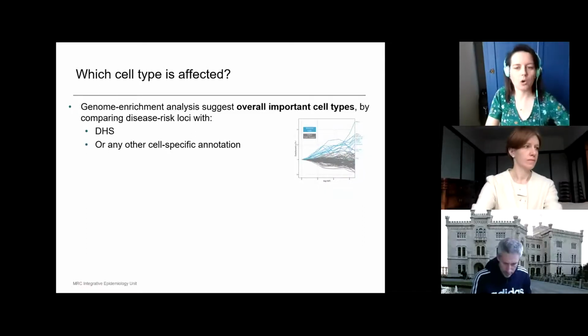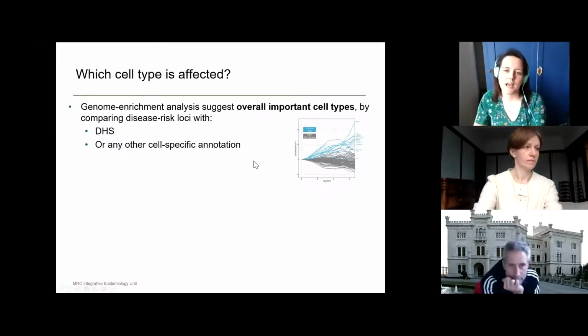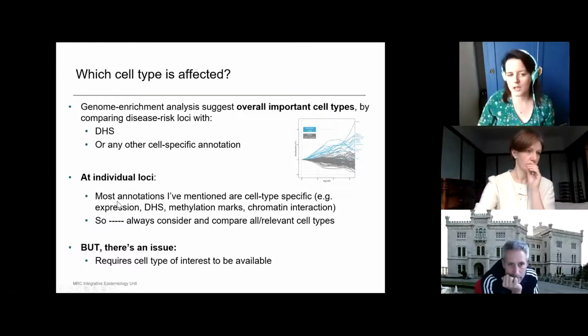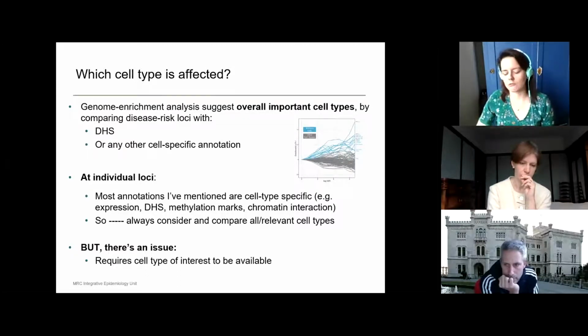In terms of what cell type is affected, I talked earlier about how you can look at overall genome data to tell you something about important cell types, but you should also do this at individual loci. Most annotations I've talked about, whether that's gene expression or DNase hypersensitivity or chromatin interaction, are really molecular phenotypes that exist in a cell, and they will differ from cell to cell.